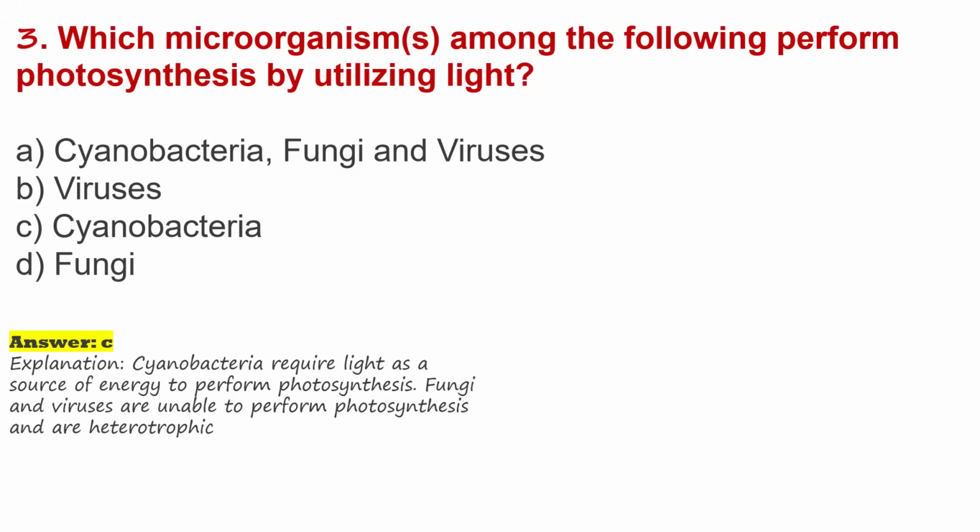But fungi and viruses are unable to perform photosynthesis, therefore they are called heterotrophic, while cyanobacteria are called autotrophic. Autotrophic means that they can synthesize their own food because they can undergo photosynthesis, while fungi and viruses are heterotrophic because they cannot undergo photosynthesis and they depend on other organisms for their survival.